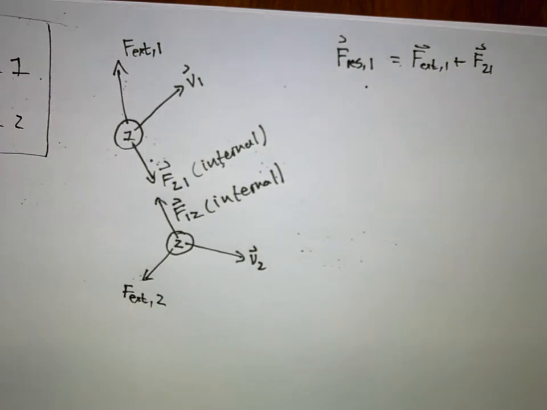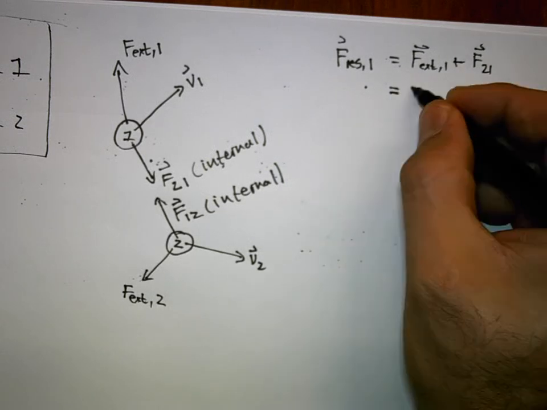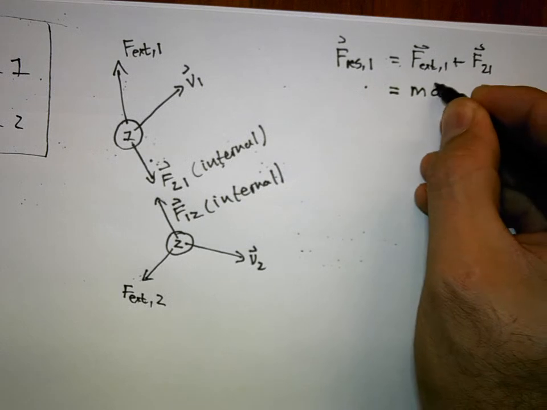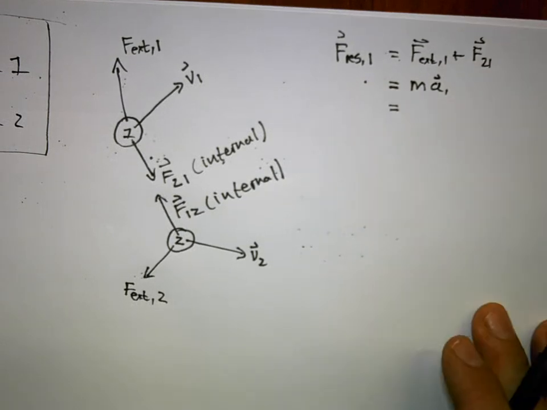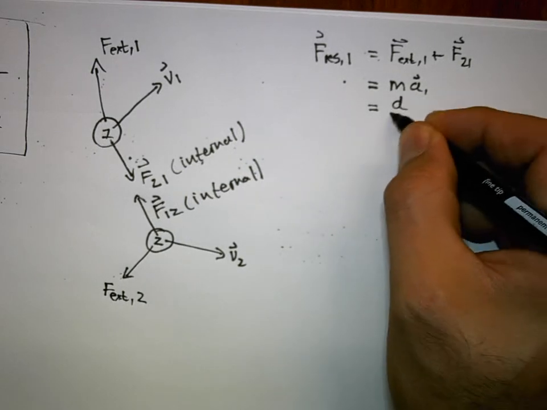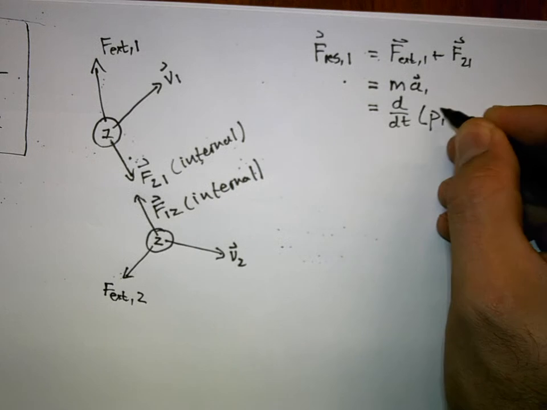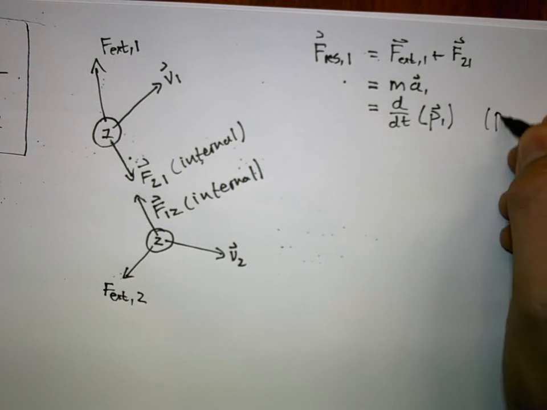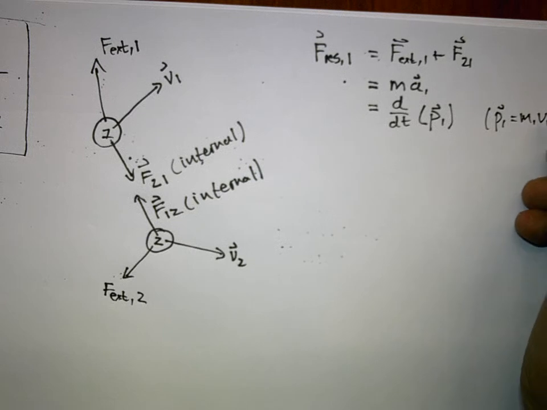This has to be equal to the mass times the acceleration of particle 1. And from our definition of linear momentum, this has to be equal to the time derivative of the momentum of particle 1. Remember, momentum is equal to the mass of 1 times the velocity of particle 1.